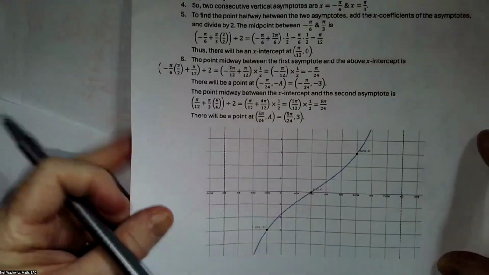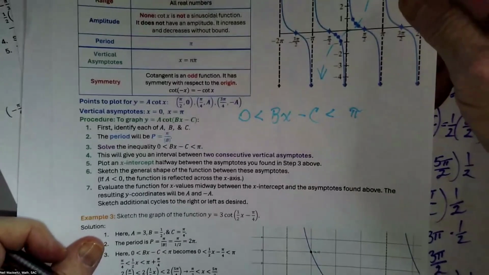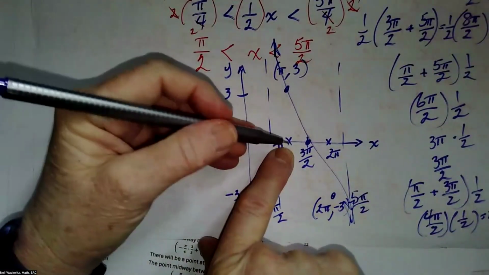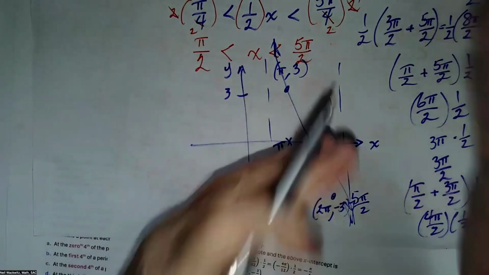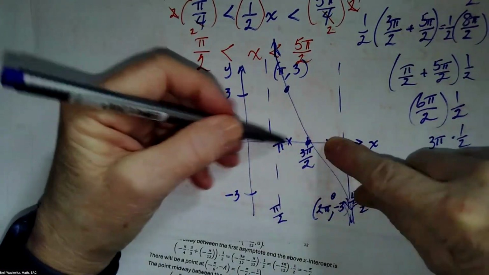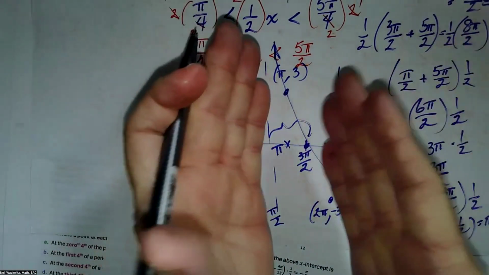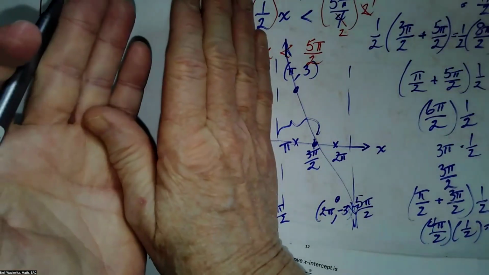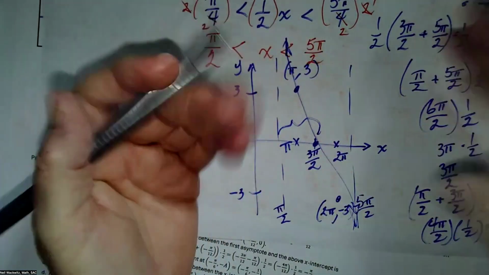So just to clarify, since this is cotangent, our first midpoint is going to be positive, but if it was tangent, it would be -3 instead of +3. So yes, because it's cotangent, the space between the first vertical asymptote and the center, that's quadrant 1.